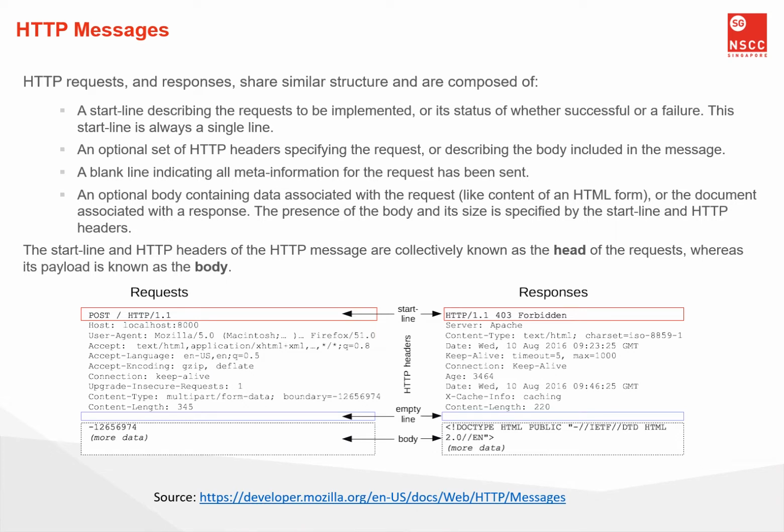It will have the name of the request, and it may also contain status information, for example, whether this request was a success or a failure. The start line is always one single line. There is an optional set of HTTP headers specifying the request, or it may contain the body in the message.